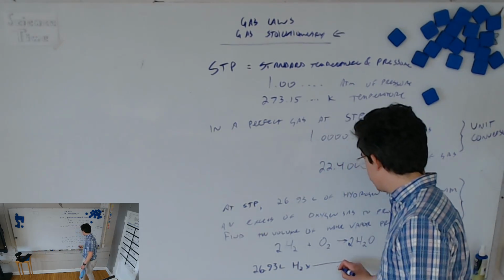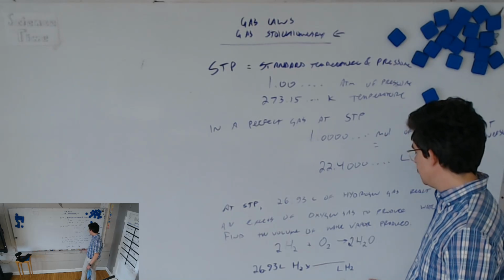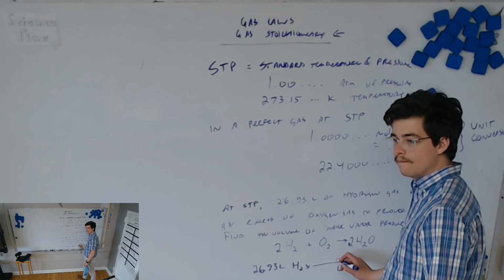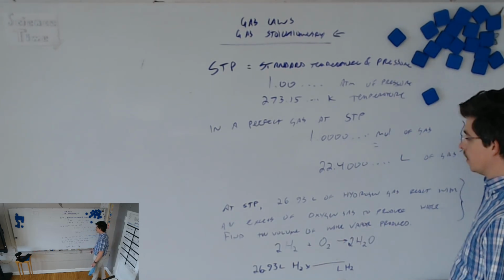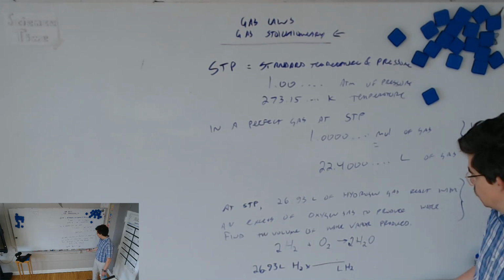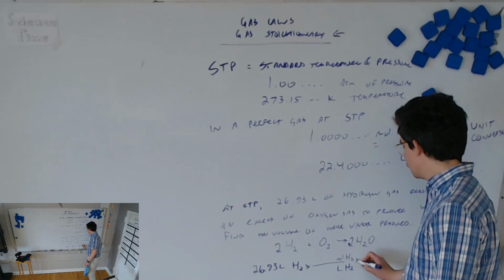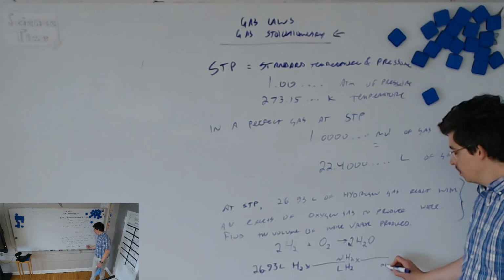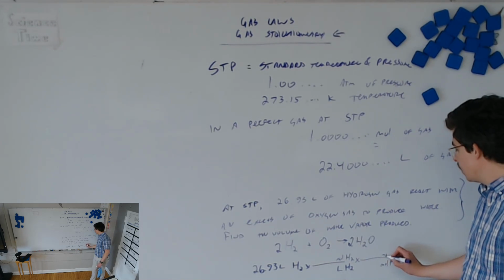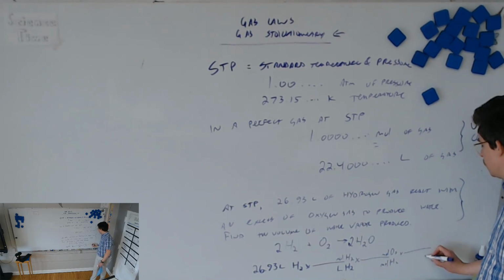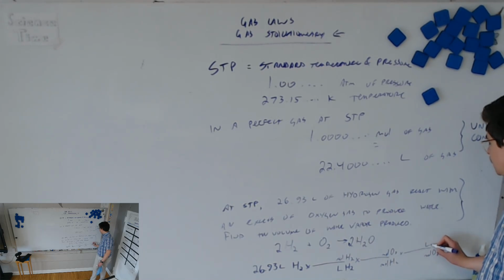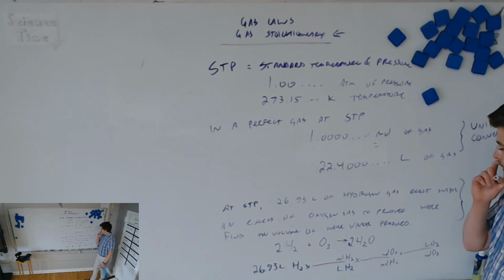We go from liters of H2 at STP to, we're trying to get to liters of water. So then go to moles of H2. Then moles over moles, moles of H2 to moles of O2. Then moles of O2 to liters of O2. And that's as far as we need to go.